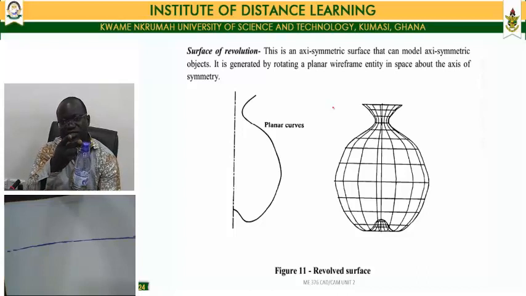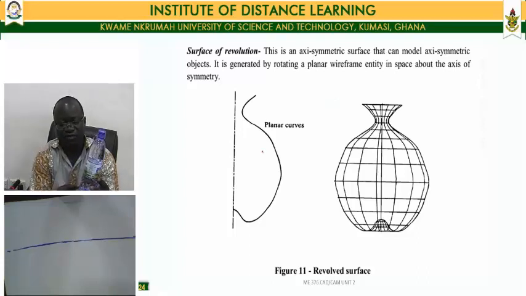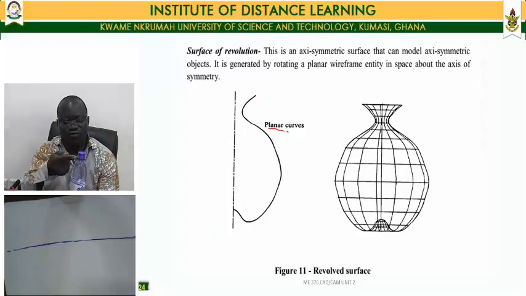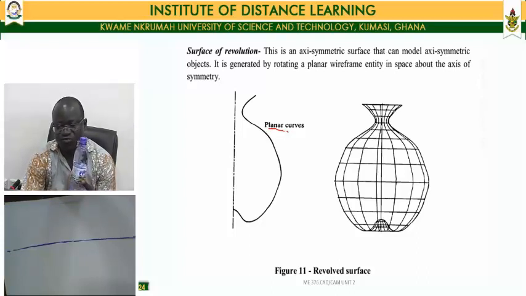So I can take a section, I cut through this bottle, and I can see the curve that was used in generating this bottle. If I have this curve swept through or revolved 360, I can generate this bottle, and that is called the surface of revolution.